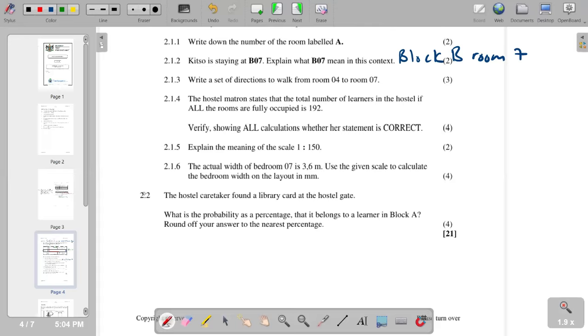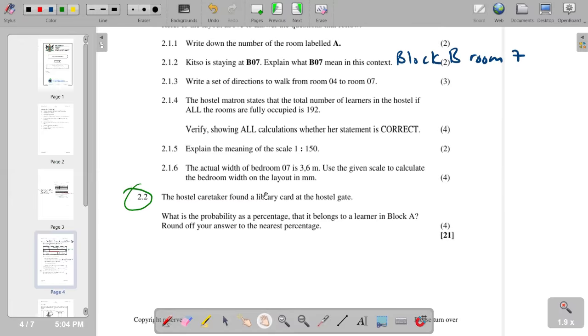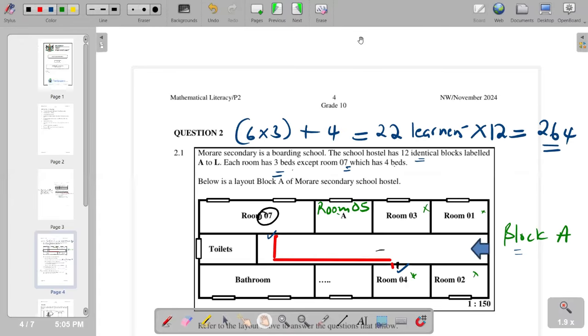So question 2.2. The hostel caretaker found a library card at the hostel gate. What is the probability, as a percentage, that it belongs to a learner in block A? Round off your answer to the nearest percentage. So of course, we know that the total number of learners, we've calculated it and we got 264.